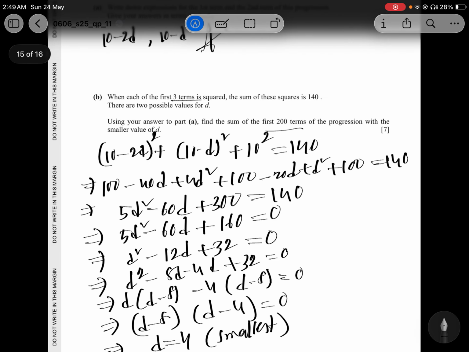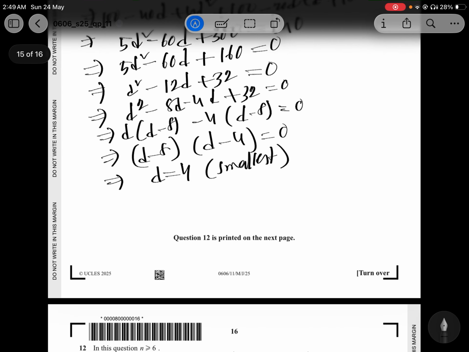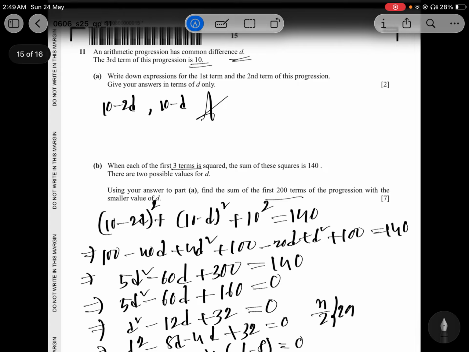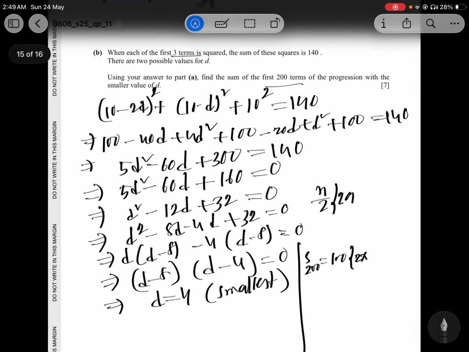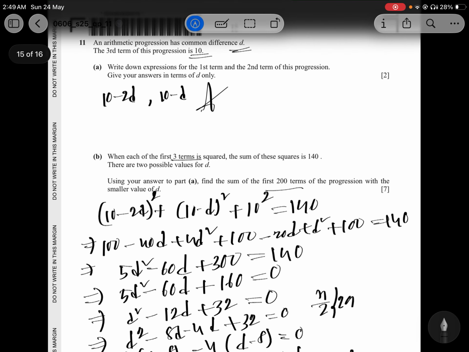What we are instructed to do? First 200 terms. So what we need to do? S of 200 is equal to n over 2, 100. Okay, n over 2 twice a, 2 into a. Okay, 4 2s are 8.